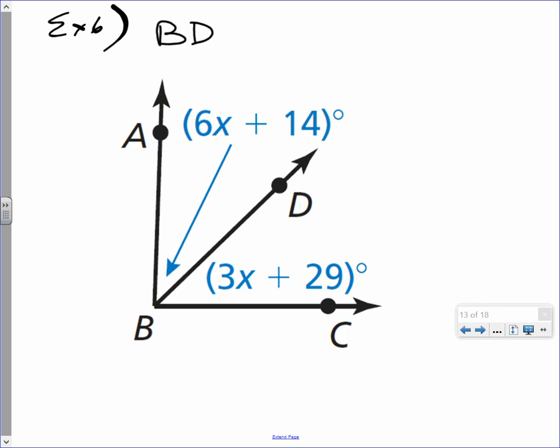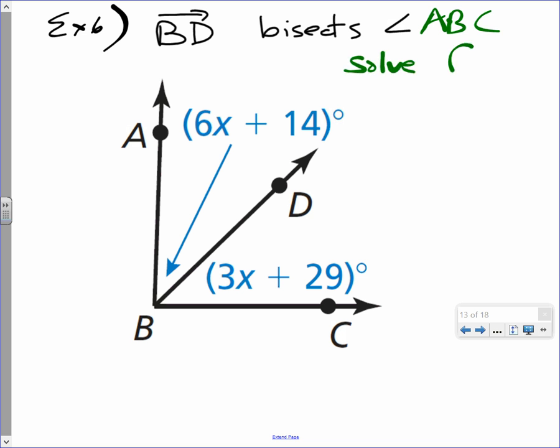Part of the directions: Ray BD bisects angle ABC. Solve for x. So I'll give you about a minute to copy that down. Last example.